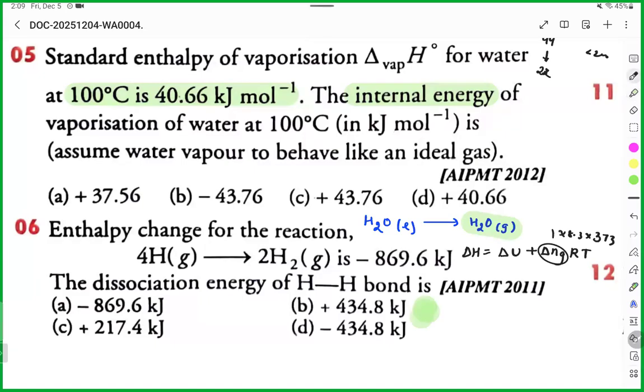It will be delta H minus delta Ng RT is equal to delta U. This is 40.6 in kilo. 46.6 minus 1 into 8.3 multiplied by 373 divided by 1000 because we have to take in kilojoule. 46.6 कहाँ से आ गया? ये तो दिया है क्वेश्चन में.